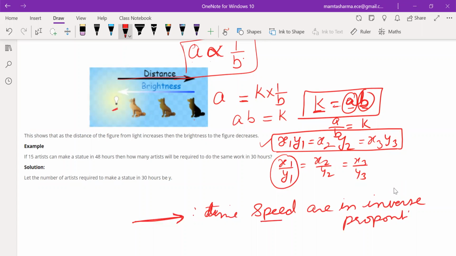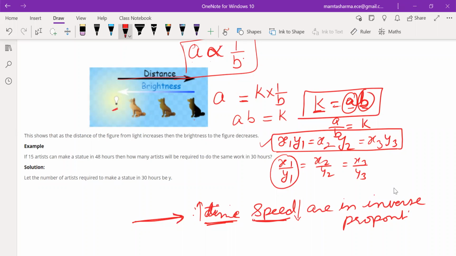If your writing speed is fast, you can complete your paper in less time. If your speed is less, it will take more time to complete the paper. So we can say the time and speed are inversely proportional to each other.